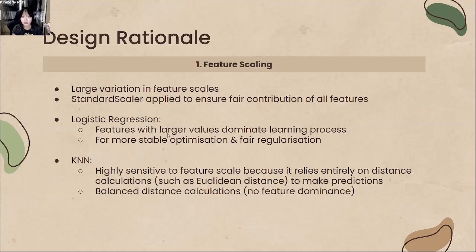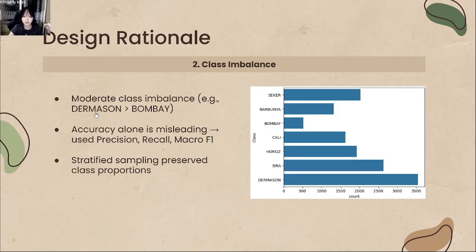One of the models we'll be using later is logistic regression, and this is very sensitive to scale because it learns weights using optimization, and if some features have much larger values than others, then they can dominate the learning process, make the training very unstable and affect the decision boundary. In addition, regularization may penalize the features unfairly if they're not properly scaled, so this can reduce the model performance, which is why we apply standard scaler to ensure that all the features contribute equally.